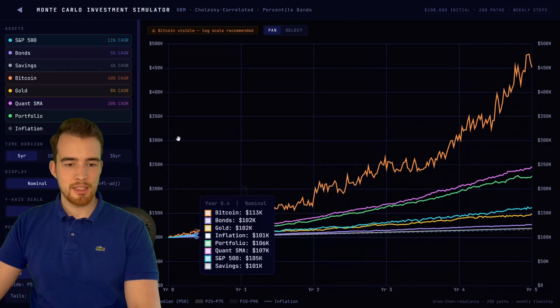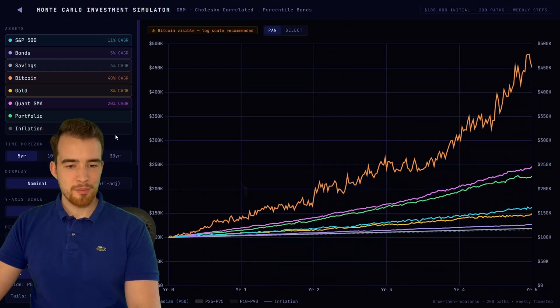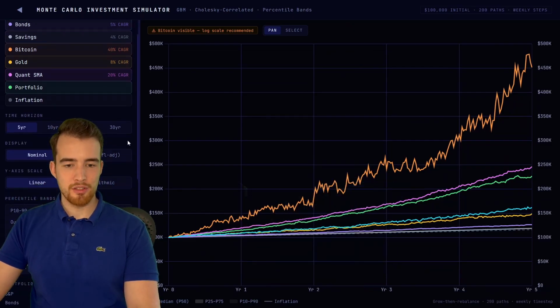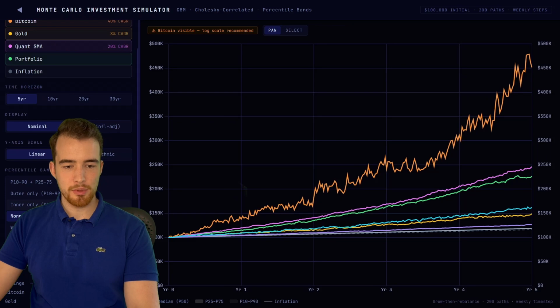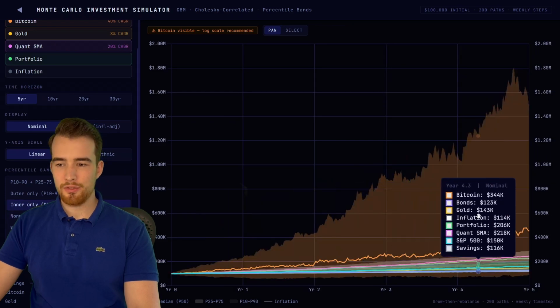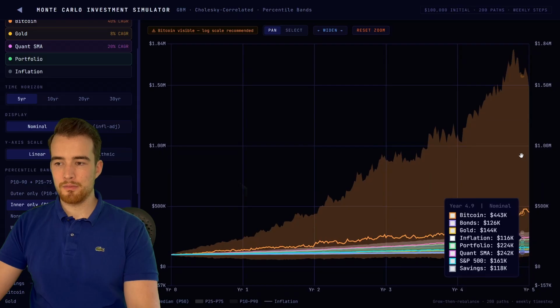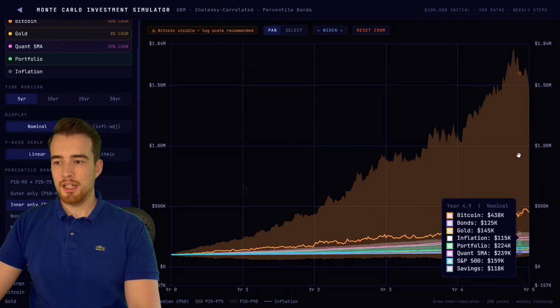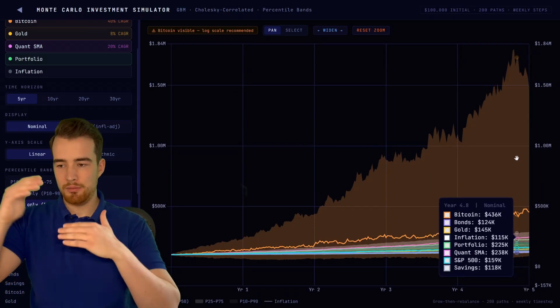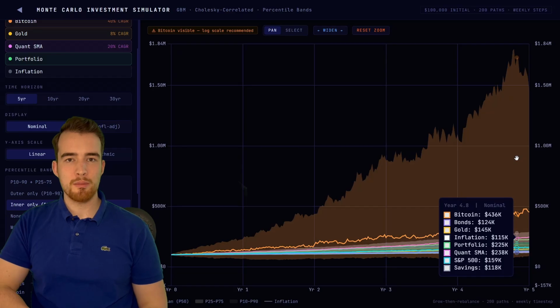Okay, well, then we also have some stuff to simulate or visualize risk. For example, the 25th and 75th percentile, meaning the basically outcomes up to the extremes of 25% on each side.